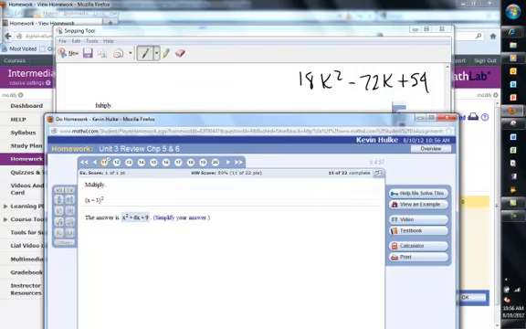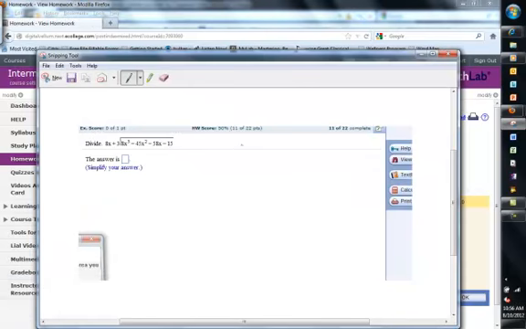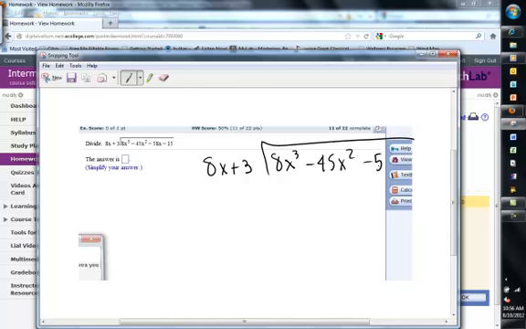Number 12, long division. Okay. 8x plus 3 into 8x cubed minus 45x squared minus 58x minus 15. 8 goes into 8 one time, so it'll be x squared. We get 8x cubed plus 3x squared.